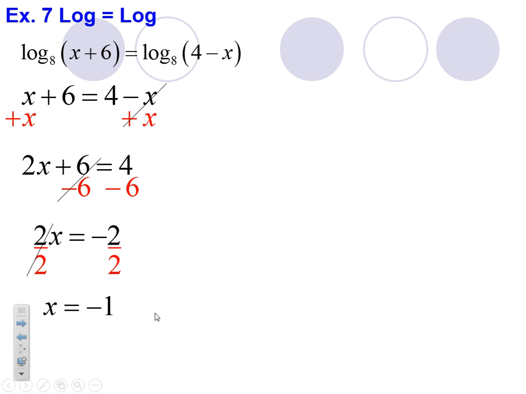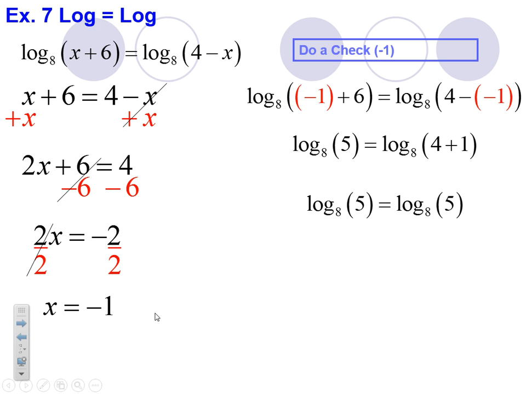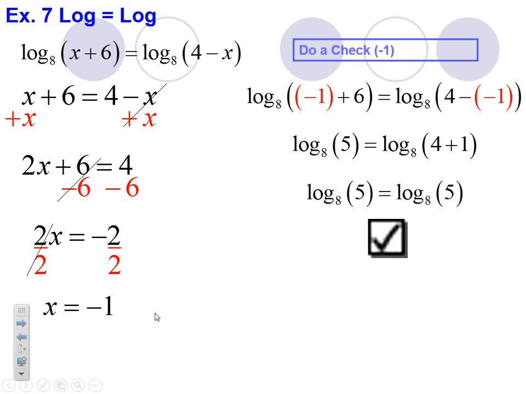X equals -1, and so we will do a check. And in doing the check, we see that the solution is x equals -1. Again, this problem uses the one-to-one property, and it is a review for us.